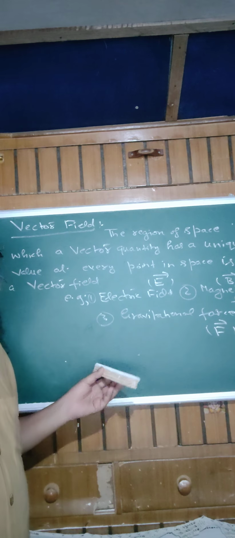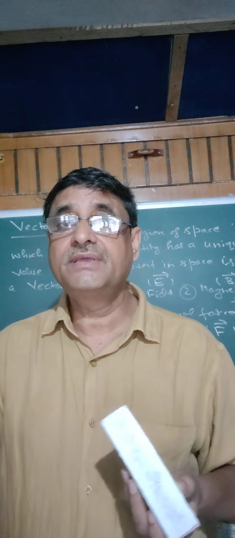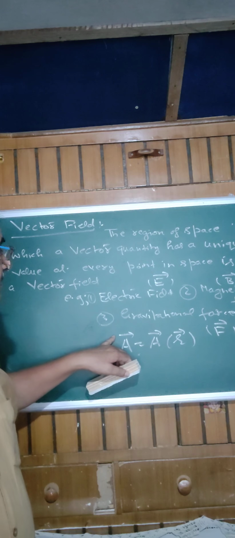ये सारे के सारे आपके पास vector fields आ जाएंगे. And you see how we can represent it. We represented the scalar field by the letter phi, phi equal to phi of r, which is equal to phi of x, y, z. Similarly, we can represent the vector field by a letter A, A equal to A of r. Here we put a vector; phi did not have a vector over it, that was the scalar quantity.